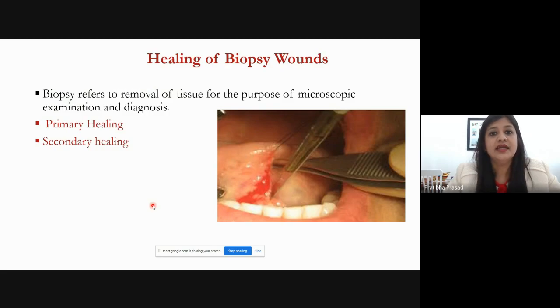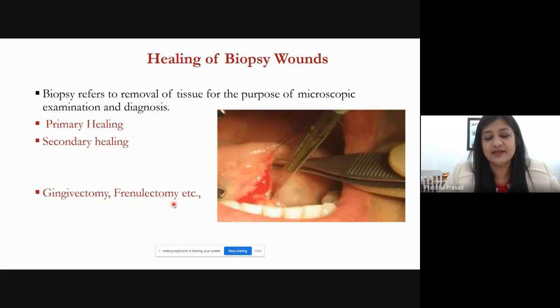Biopsy is done mainly for microscopic examination and diagnosis. You either remove the whole tissue or you remove just a part of the tissue. So other examples which undergo healing by primary or secondary intention is gingivectomy and frenulectomy.